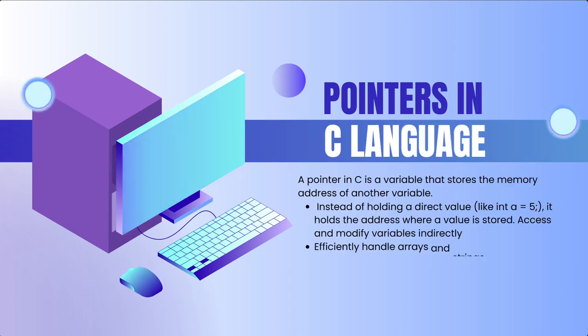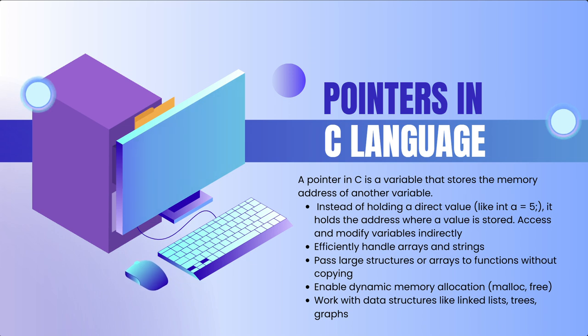Pointers in C language. A pointer in C language is a variable that stores the memory address of another variable. Okay? Instead of holding a direct value like int a equals 5, it holds an address where the value will be stored. Access and modify variables indirectly. Efficiently handle arrays and strings. Pass a large structure or arrays to functions without copying.